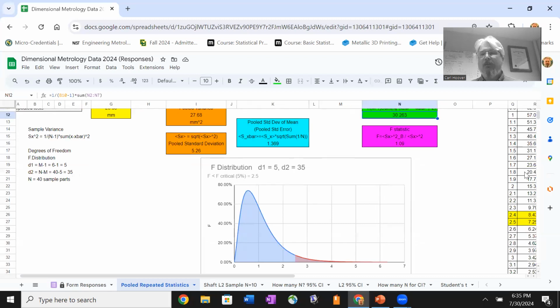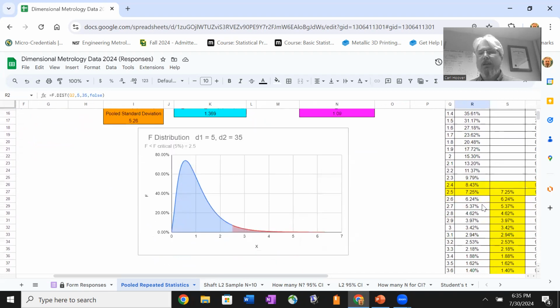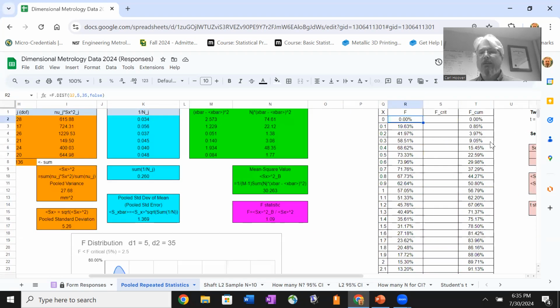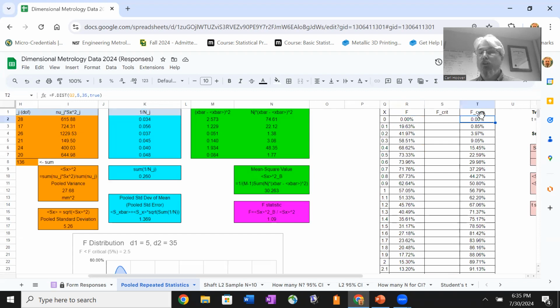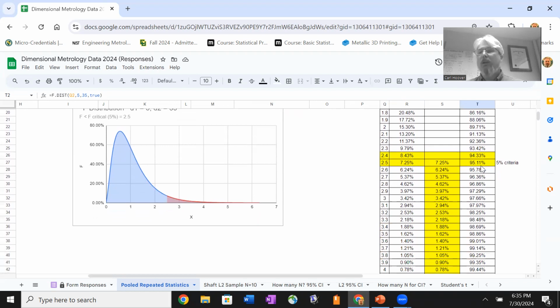We've also got the data for that using this function fdist over here. And we can see, if we look down here, especially at this version of fdist, which is the cumulative percent, there's a point where we're going to use a 5% threshold. So when we get to 95%, we now have a value that defines the criteria for what an F is that's significant or not.